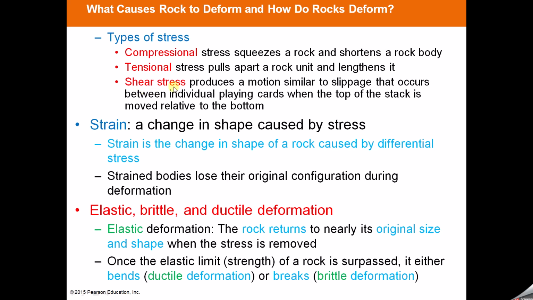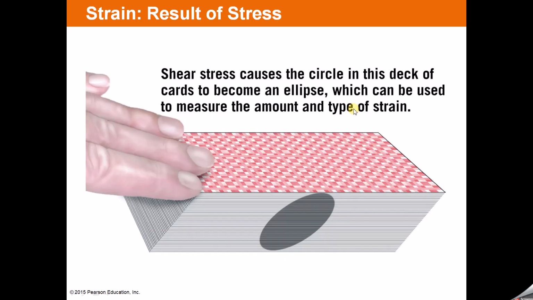Shear stress is different. It produces a motion similar to the slippage that occurs between individual playing cards when the top of the stack is moved relative to the bottom. So let's look at this.